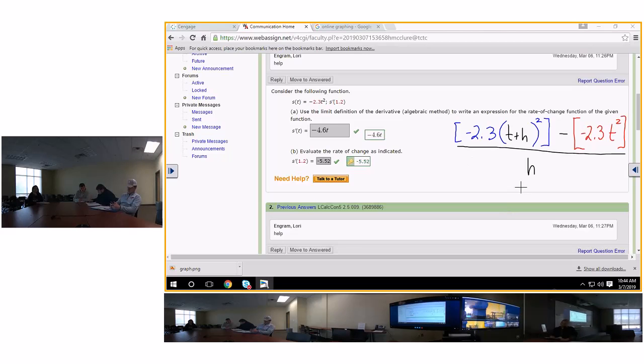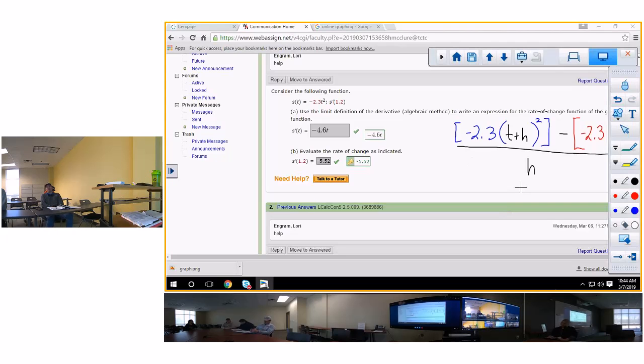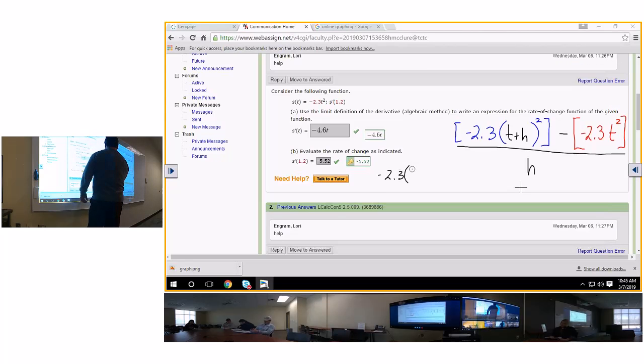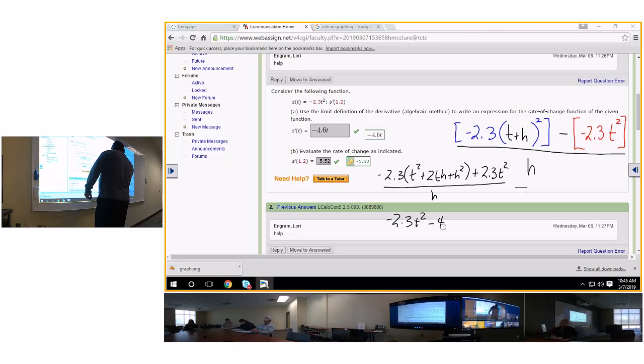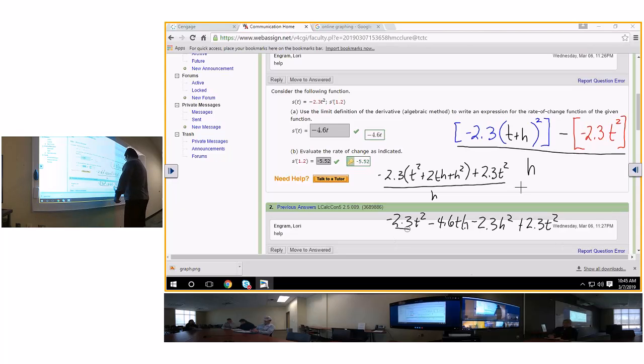Okay, so that's going to give us negative 2.3 t squared plus 2th plus h squared, minus, that'd be plus 2.3 t squared, over h. Negative 2.3 t squared minus 4.6 th, plus minus 2.3 h squared plus 2.3 t squared, over h.